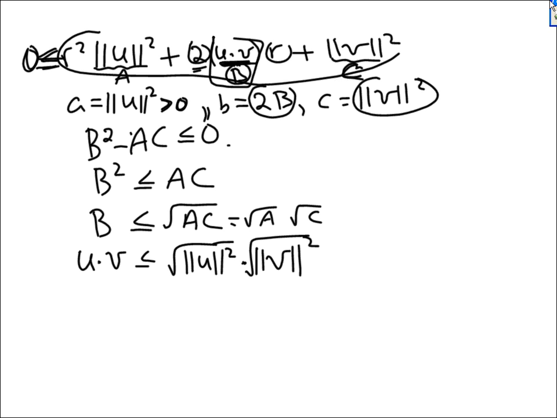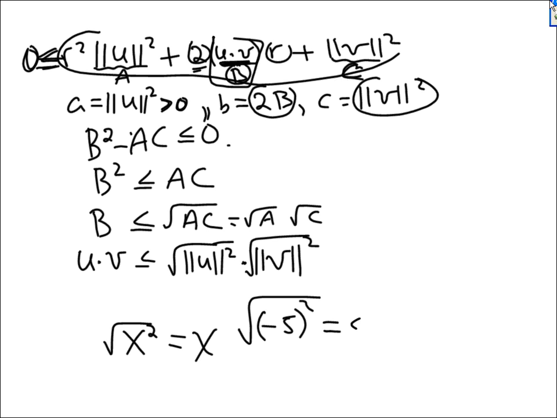Okay, now I do have one little typo, and we need to talk about taking the square root. The square root of something squared is not the something. I mean, consider, if you take negative 5 and you square it, you get 25, and then you take the square root, you get 5.